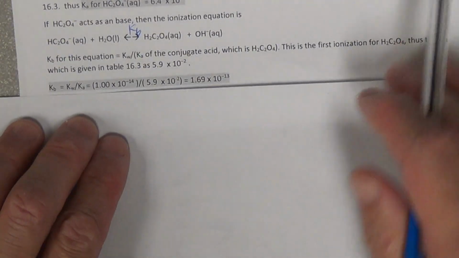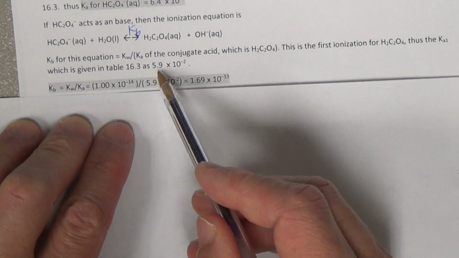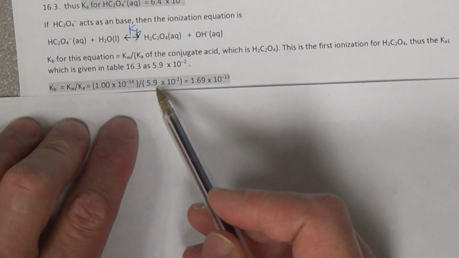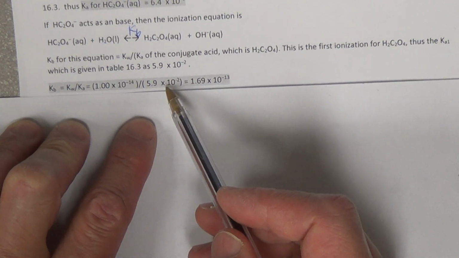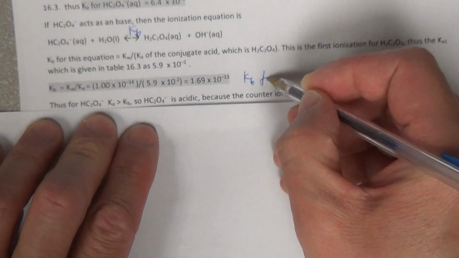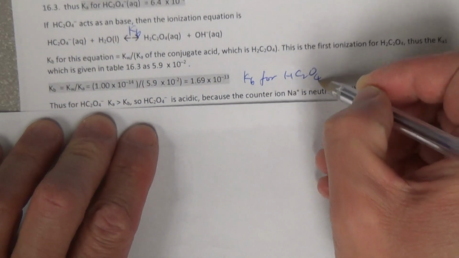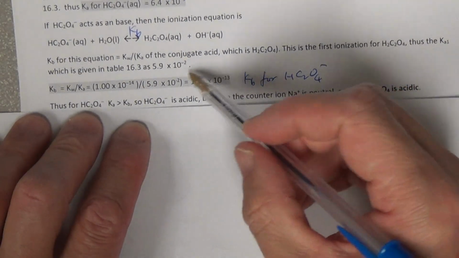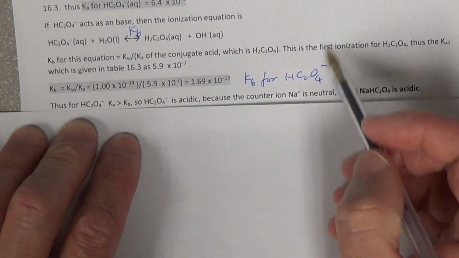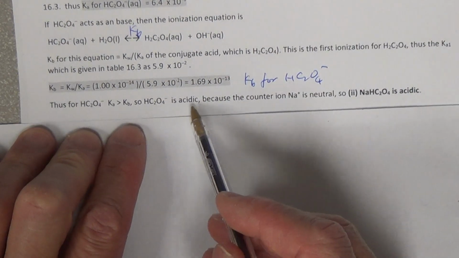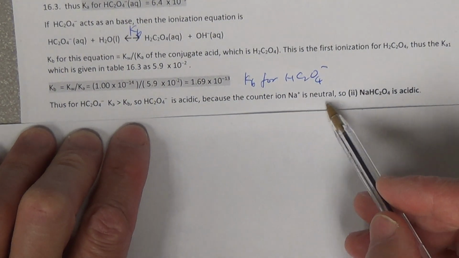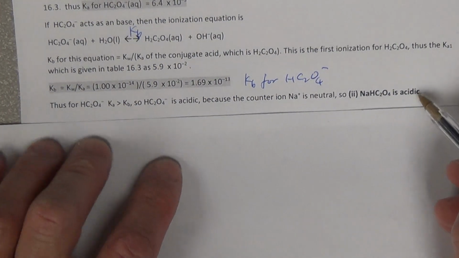So the Ka1 for H2C2O4 is 5.9 times 10 to the negative 2. We take Kw divided by 5.9 times 10 to the negative 2, which equals this number. This is the Kb for HC2O4 negative. Comparing this Kb with the Ka for the same ion, the Ka is larger than the Kb. So this ion is acidic, and the other ion, Na plus, is neutral. Therefore, this solution is acidic.